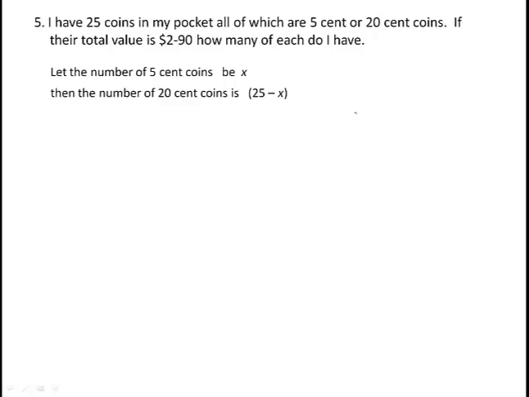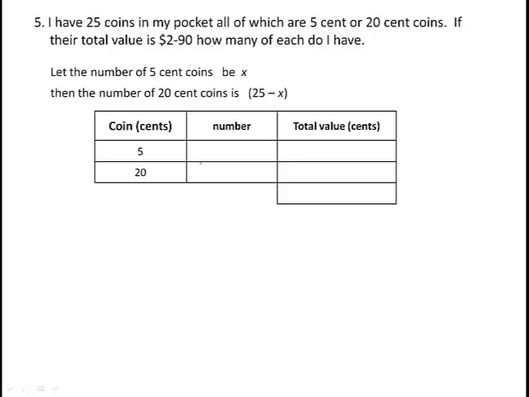We now draw up a table. We put the coin values in the left-hand side. In this case, we have 5-cent coins and 20-cent coins. We've assigned the number of 5-cent pieces we have as x, and the number of 20-cent pieces is 25 minus x, because we have a total number of coins of 25.